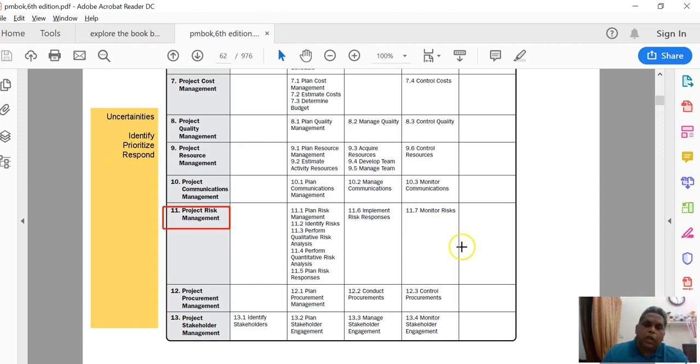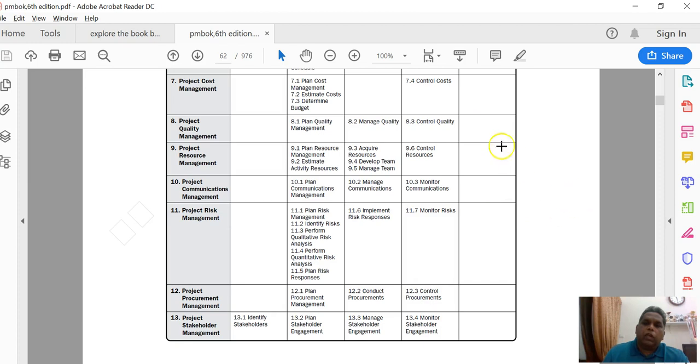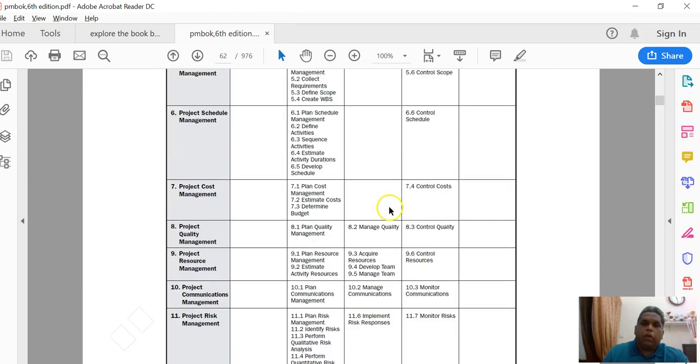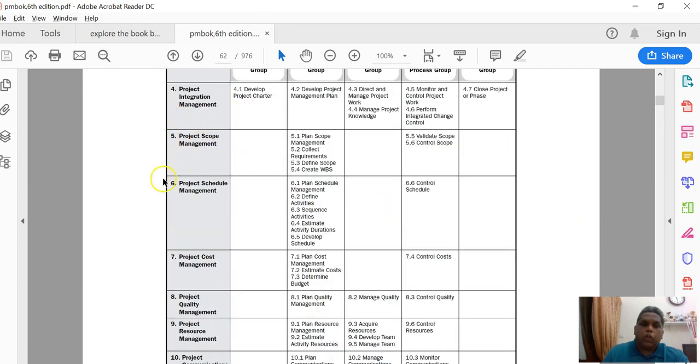Well, an important aspect of observation is again the fact that the responses that we choose on the risk front would have a bearing on the scope of the project.